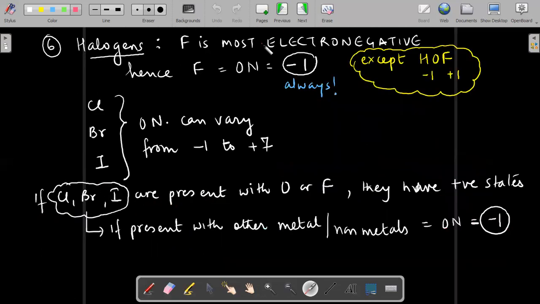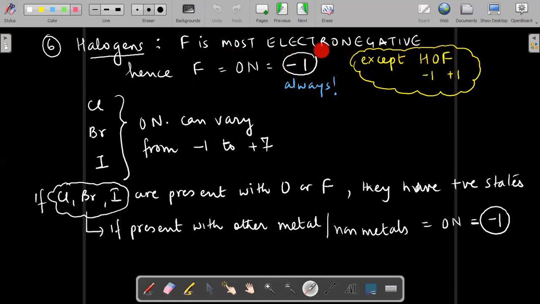Now then for halogens, we have fluorine, chlorine, bromine and iodine. Now fluorine is the most electronegative element in the whole periodic table. इसका value तो is -1 always, except for one example, that is HOF, where fluorine is considered as +1.